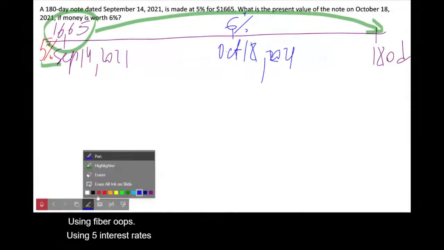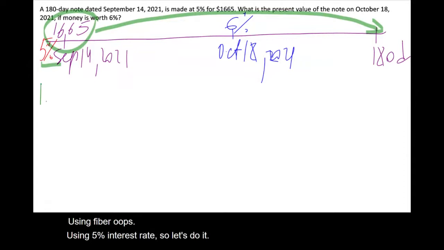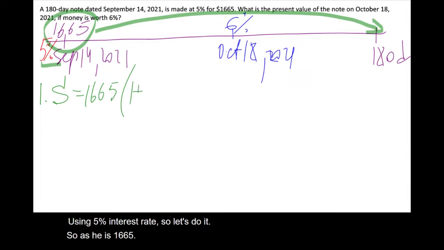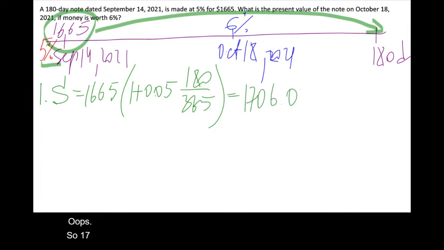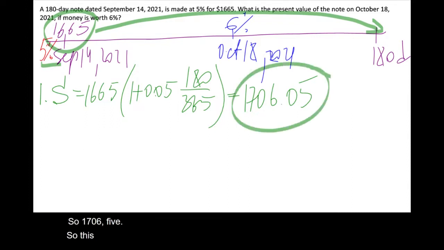So S is 1665 times (1 plus 0.05 times 180 over 365). Let's calculate. So 1706.05. So this amount is right there.